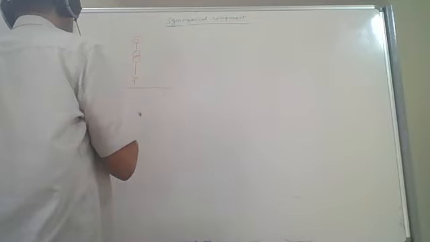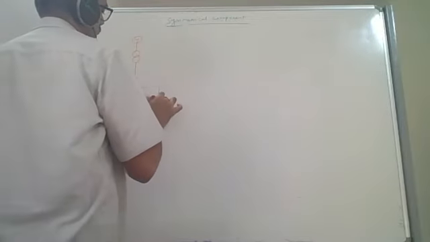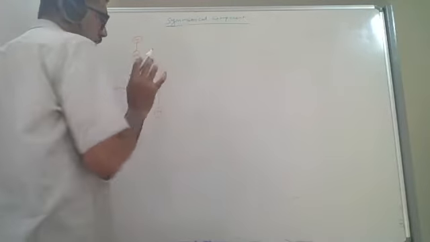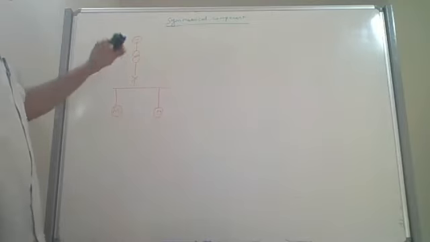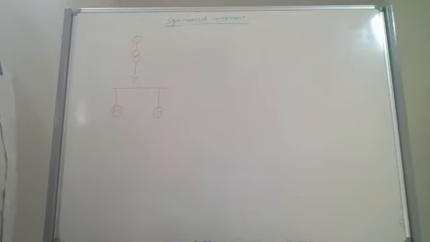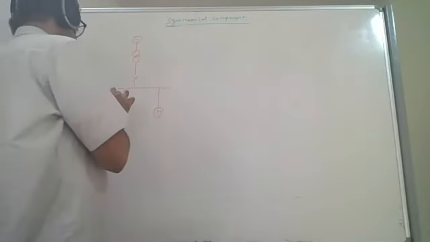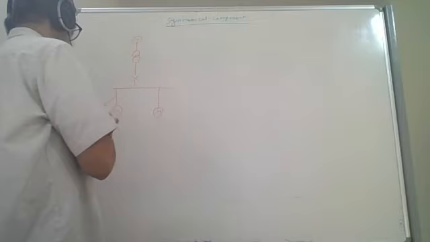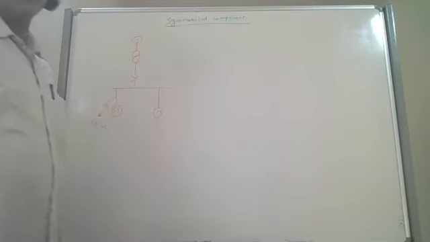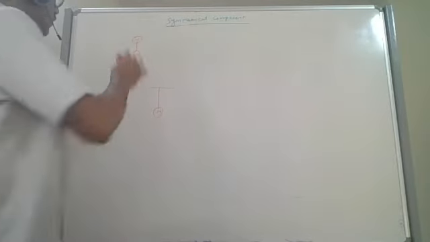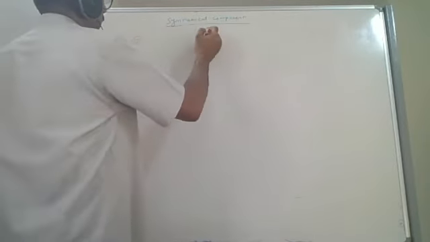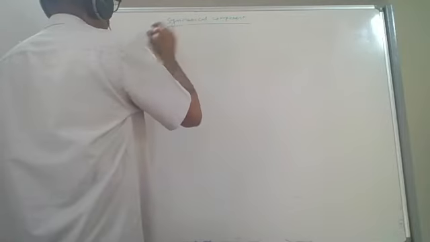Now, let us see what you have to do. Let's say I have a single line diagram like this. Suppose there is a single line to ground fault here. First, you have to write the impedance of all of this.